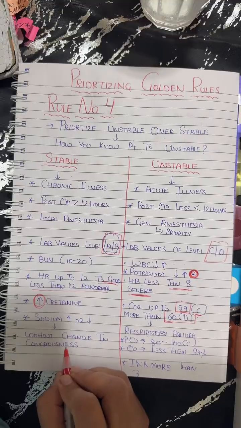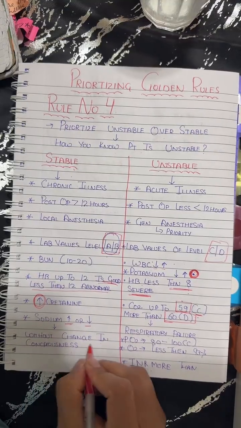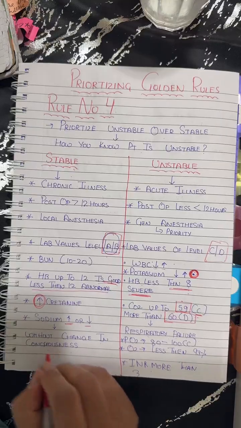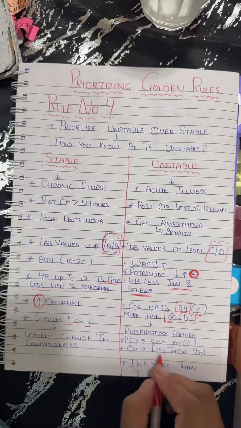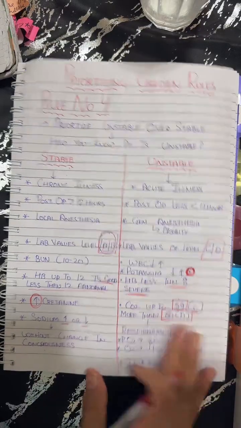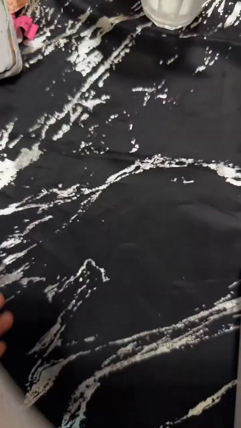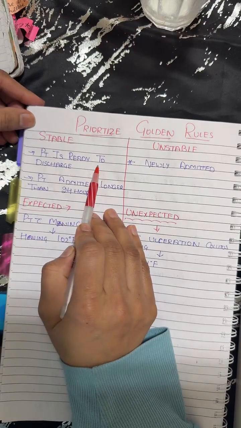Next, sodium, even increased or decreased, without changes in consciousness, is a stable patient. And here O2 less than 93 is unstable. INR more than 3 is an unstable patient. Then a patient who is ready to discharge is a stable patient.